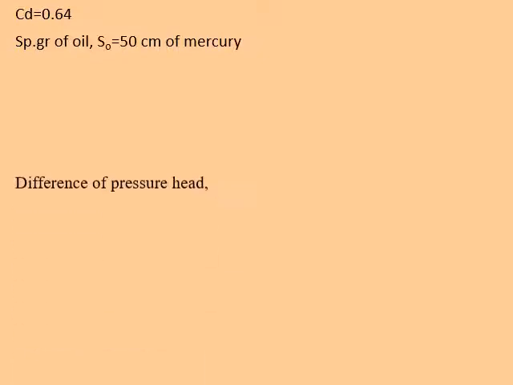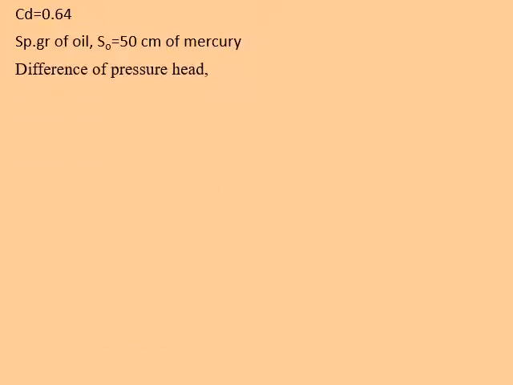The coefficient of discharge of the orifice meter is 0.64. The manometer reading x is 50 centimeter of mercury. The difference of pressure head is calculated by using the formula H is equal to x into S of G by S of O minus 1.